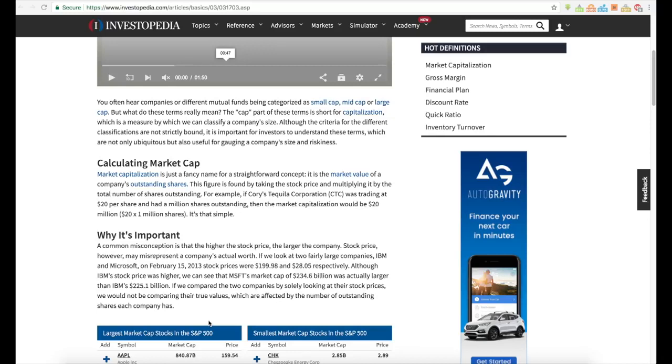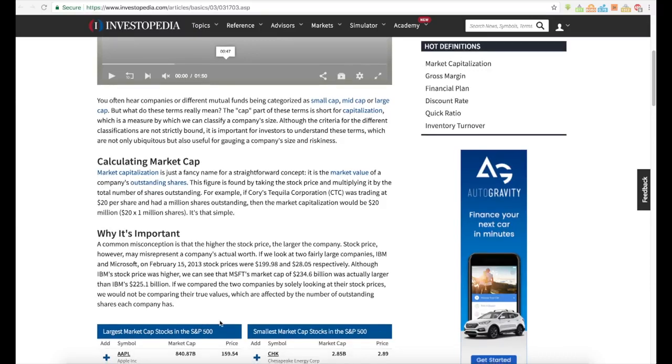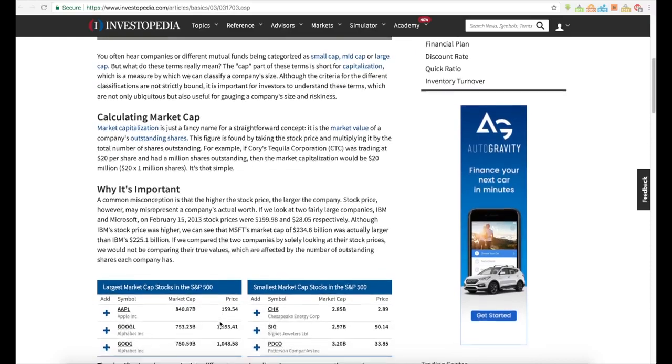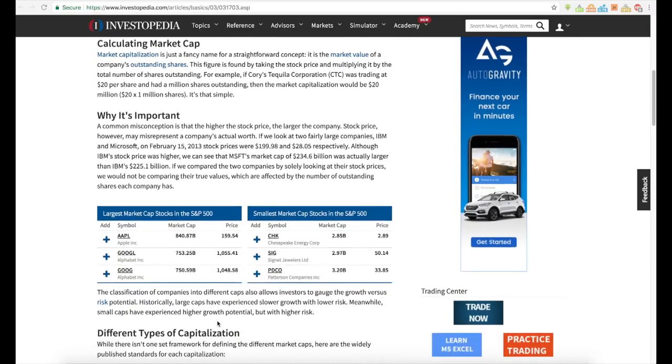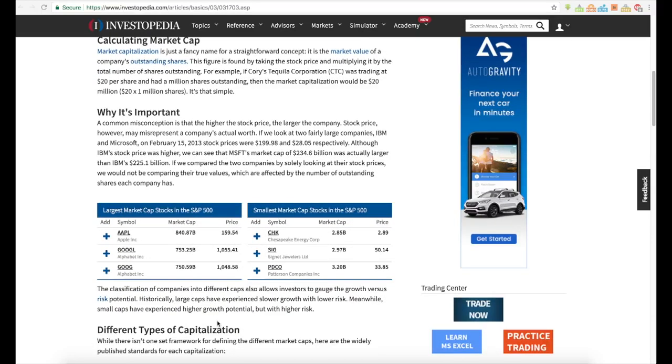Although IBM's stock price was higher, we can see that Microsoft's market cap of $234 billion was actually larger than IBM's $225 billion. If we compared the two companies by solely looking at their stock prices, we would not be comparing their true values, which are affected by the number of outstanding shares each company has. So that's where they're talking, in our case, they're talking about coins.